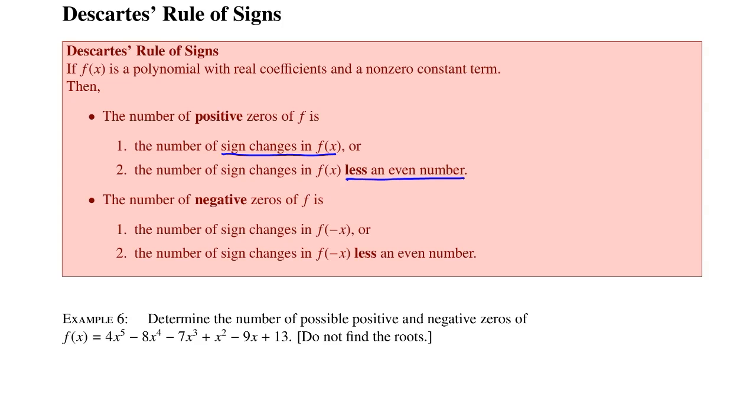And you can find the potential number of negative zeros by looking at the sign changes of f of negative x, so note the negative inside the function there, or taking that number and subtracting off an even number.